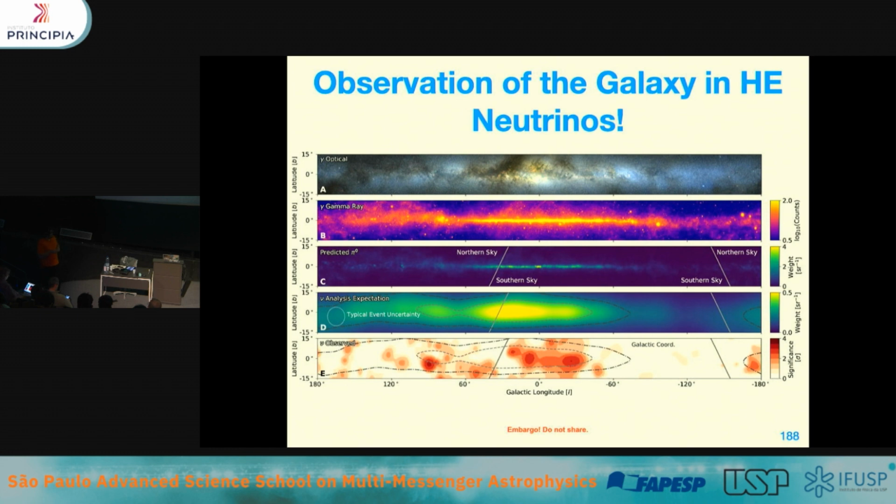PeV gamma rays are essentially attenuated on galactic scales, but these TeV gamma rays should be mostly transparent. I think the assumption in these calculations is that the cosmic rays are totally diffusive in nature, so they're going in all random directions. But these are very boosted particles, so I assume that the neutrinos and the gammas are very correlated. Well, I guess we're not exactly talking about the same pion, right?